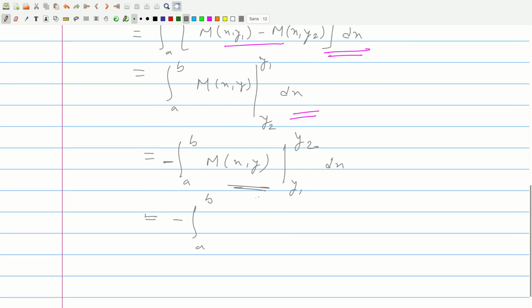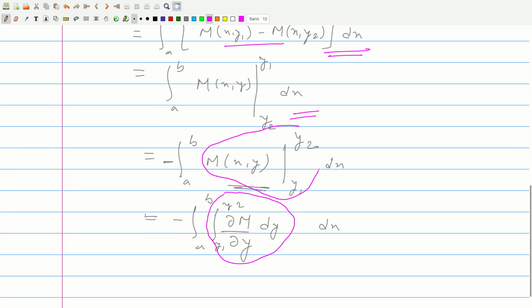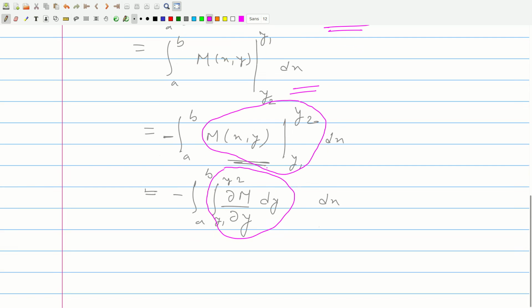This whole thing can be written this way also: partial derivative of M with respect to y, and then again you integrate with respect to y. The integration goes from y1 to y2, and the claim is this whole thing here is equivalent to this whole thing. Have a look, you will see that both are equivalent.